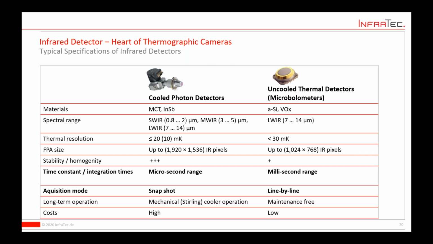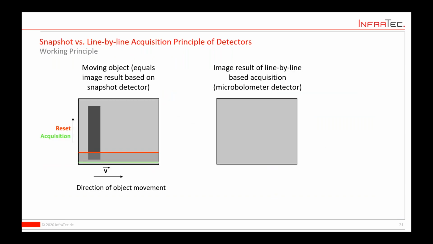To give you an example, what does this mean, not so fast? Imagine you have an object moving from the left to the right, and you monitor this with a cooled detector. Then you will get a sharp image of this object moving from the left to the right.